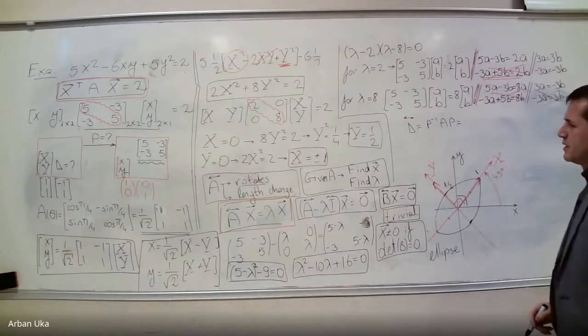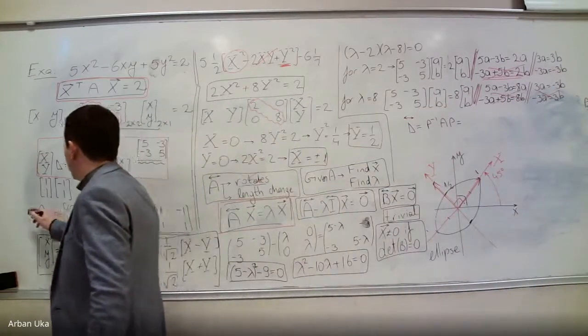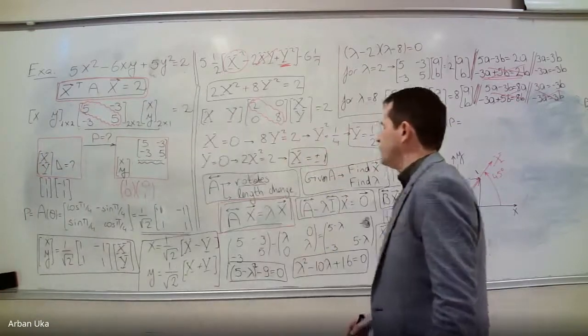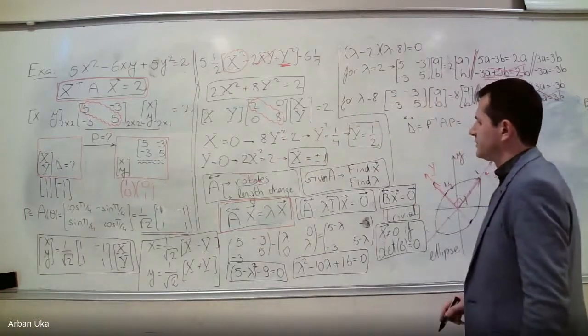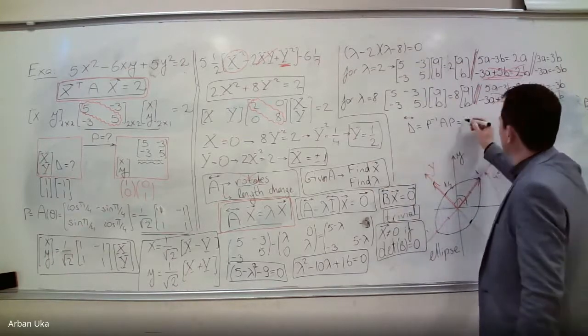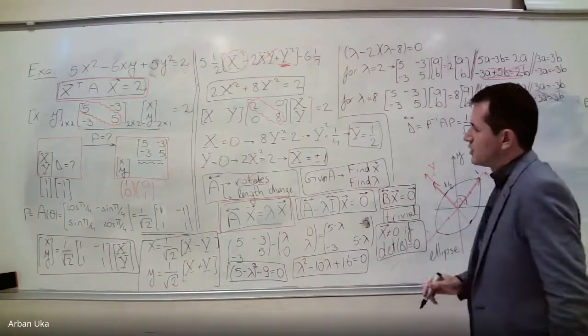P inverse, we can factor out, so let's assume that this is the P, okay? What is P inverse? Let me think for a moment. Let's write 1 over square root of 2. So we have this matrix.